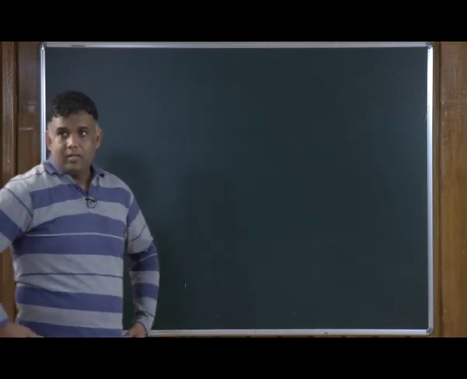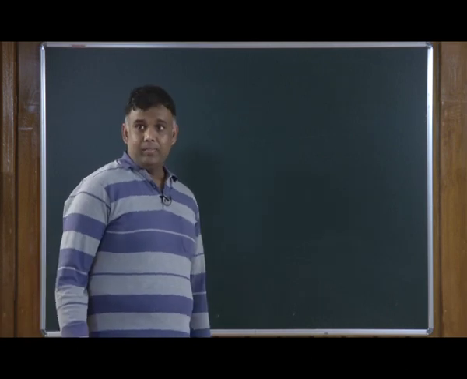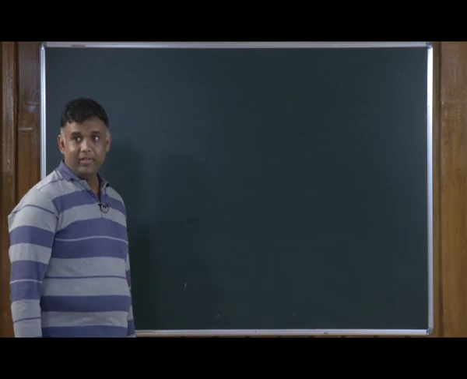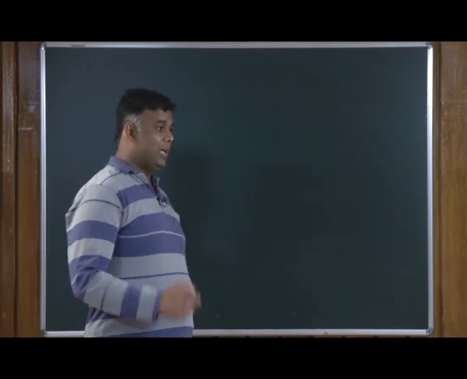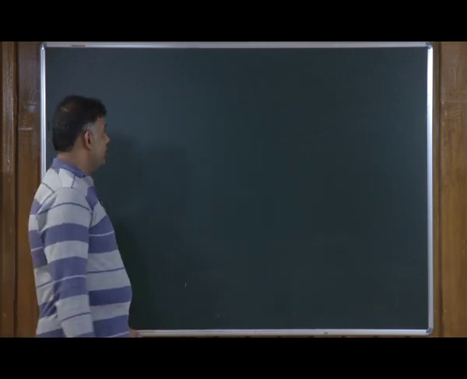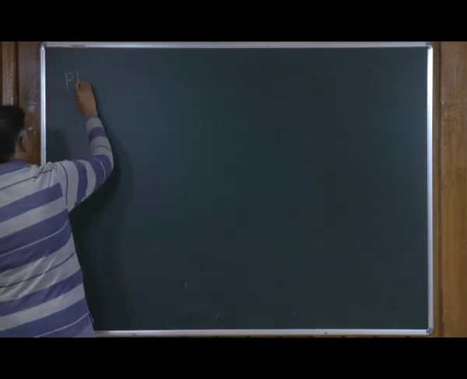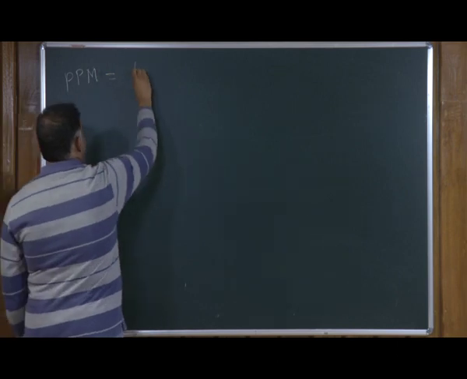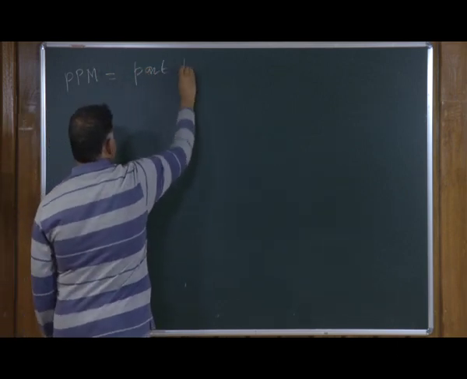In case some component is present in trace quantity, in a very minute amount, then a convenient unit to express the composition is ppm. The full form of ppm is parts per million.